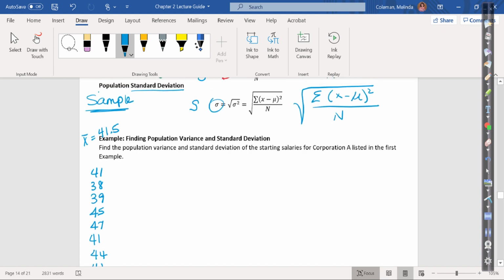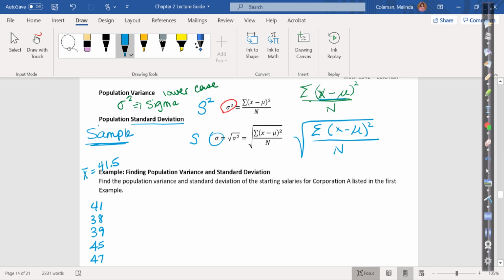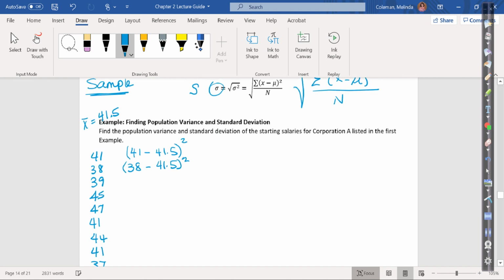So to do the variance, then, I'm going to take 41 minus 41.5 and square it. I'm going to take 38 minus 41.5 and square that.